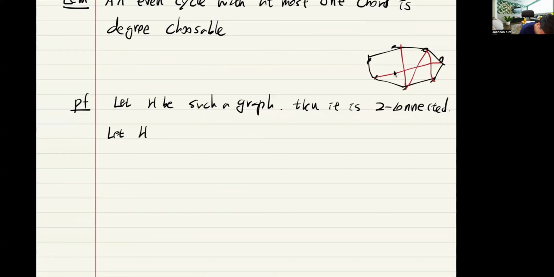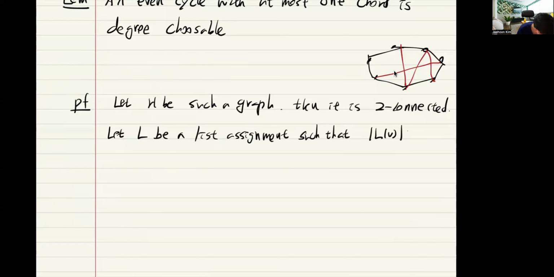Let's say you have a list assignment L such that each vertex has a list of size at least its degree.